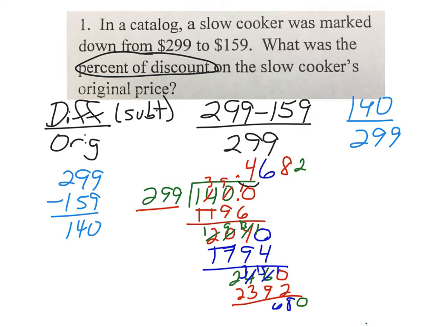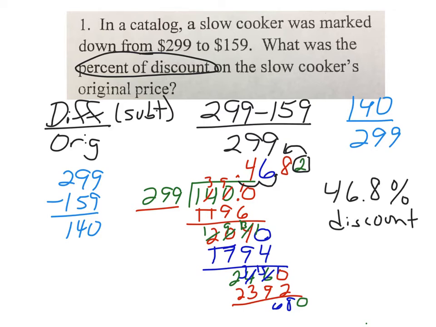And when you move over twice, you have 2 decimals to the right. This is not 5 or more, so that will remain an 8. So your final answer is 46.8. You can leave on the 2 if you want to. Percent discount. So it was almost half off.